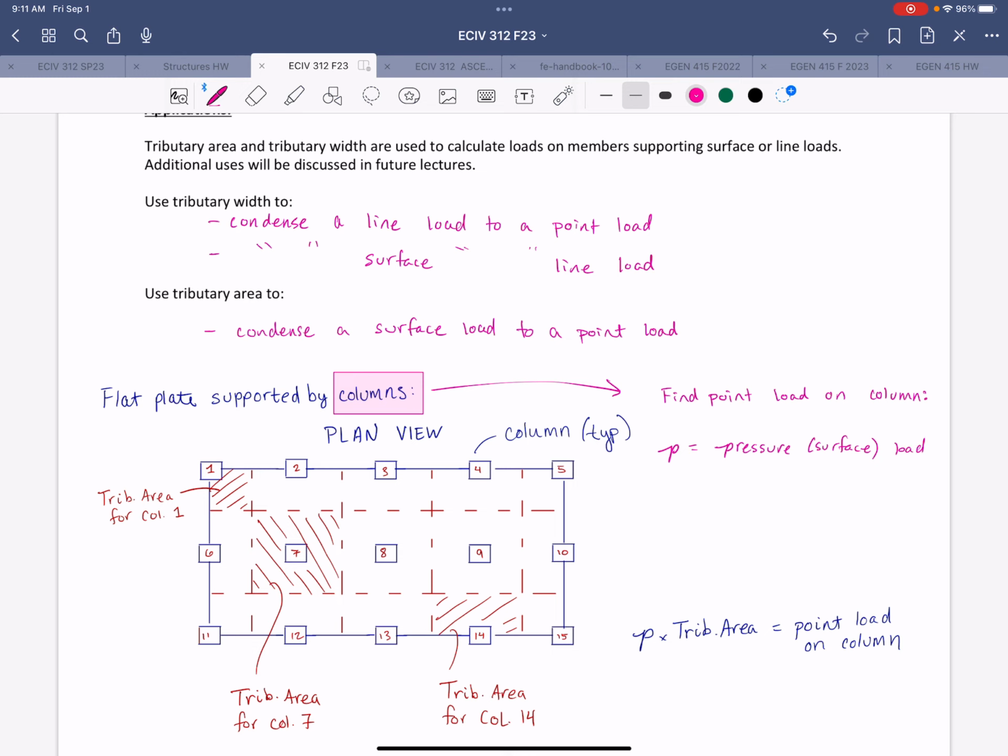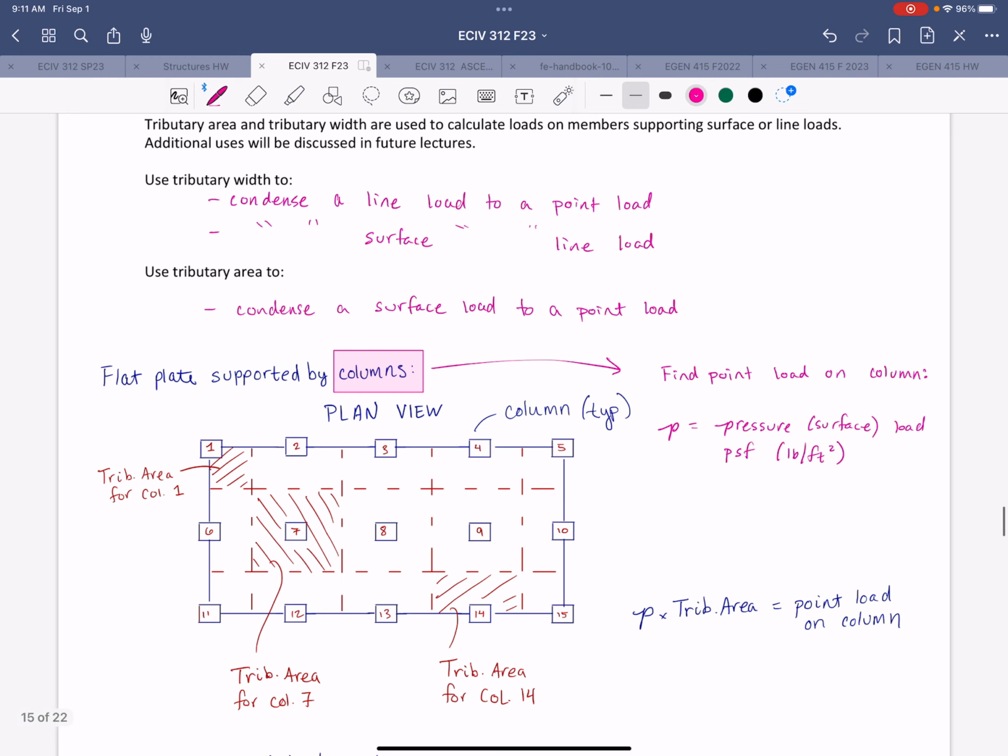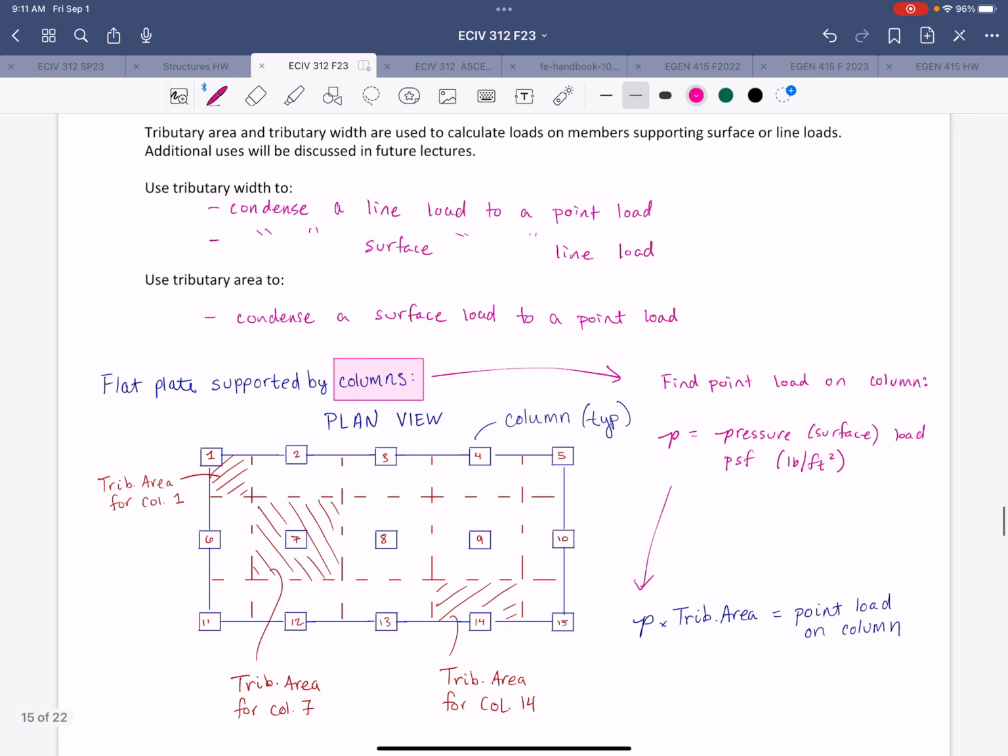And the units are typically in pounds per square foot, which we often just note as PSF. So then that just gets multiplied by the tributary area for a given column, right? And then we know the point load on that column.